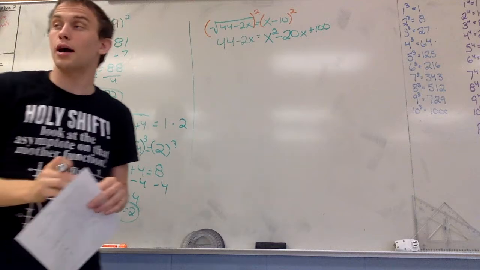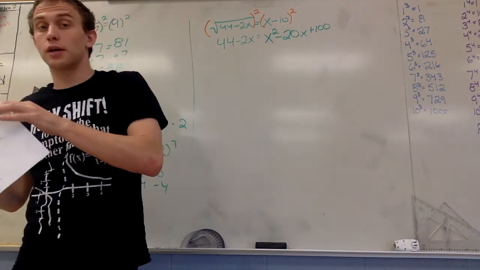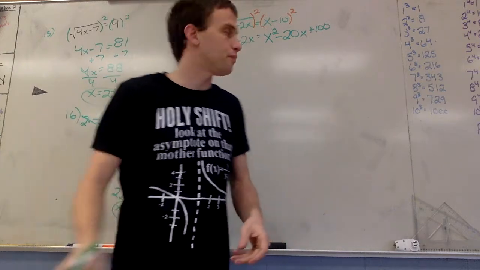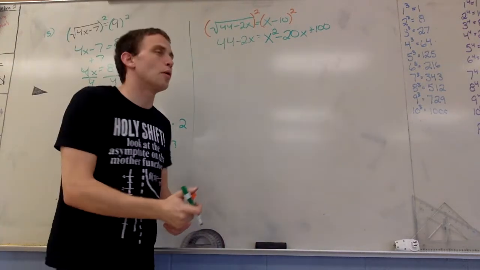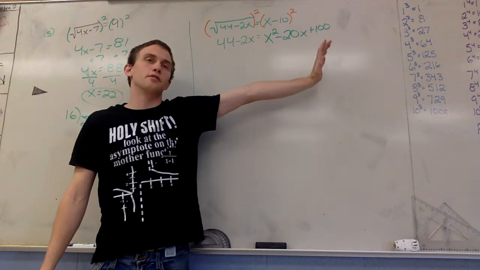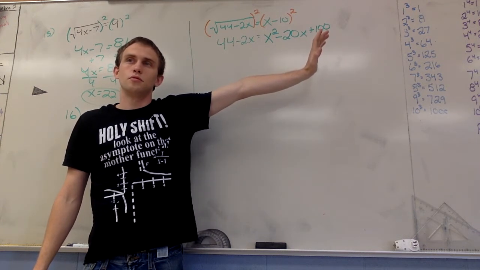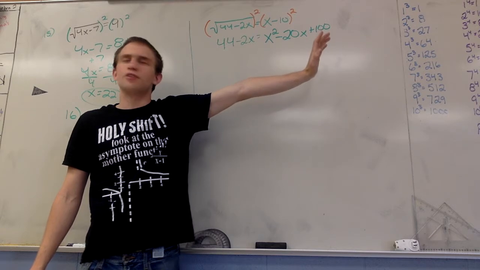If you want to multiply it out, you can do x minus 10 times x minus 10. But it's going to give me x squared minus 20x plus 100. Now, do I want to keep everything on the left side or the right side here? Why do I say the right side?